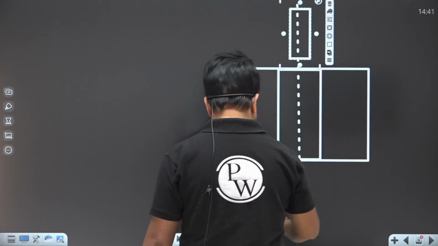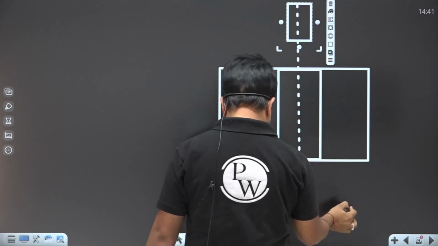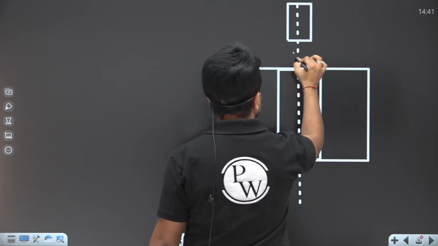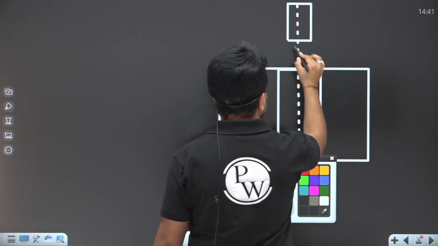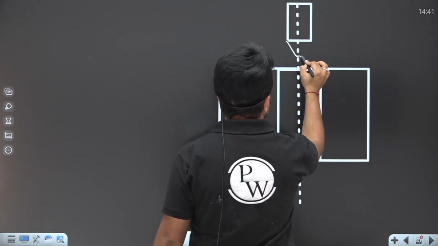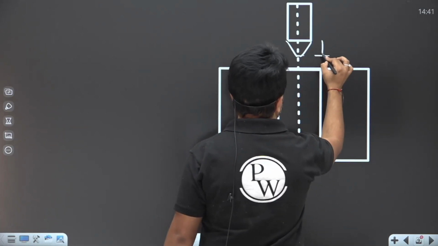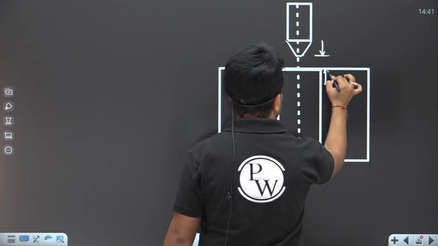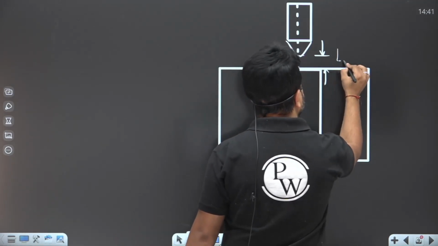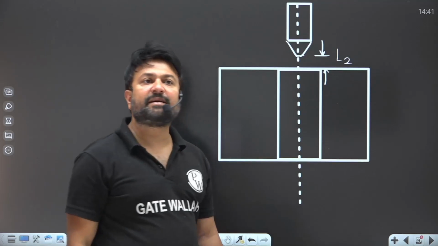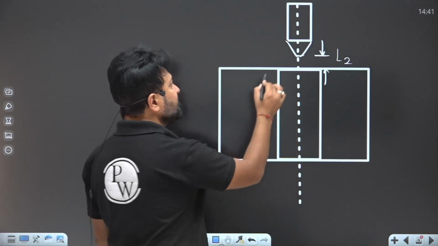Now the drill is not touching the workpiece. So this is the L2 distance, that is the approach distance. The drill has to travel in the downward direction so that it is touching.